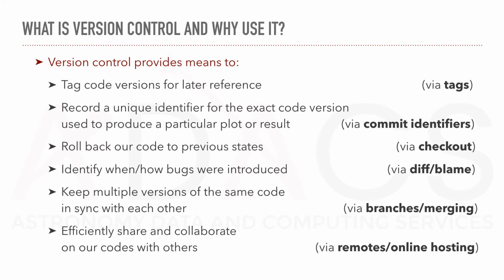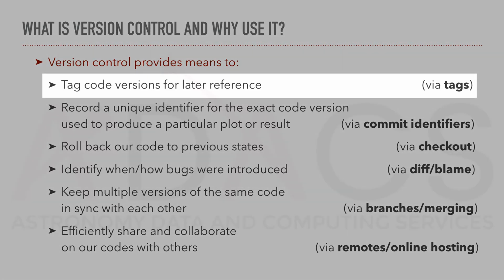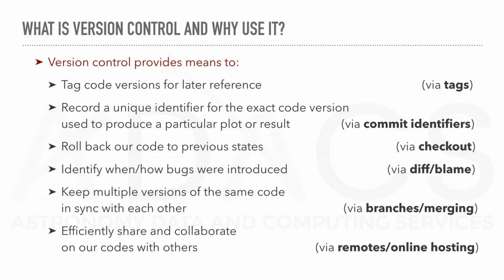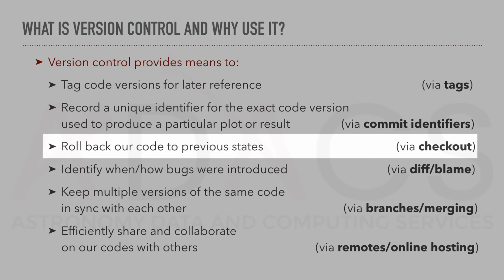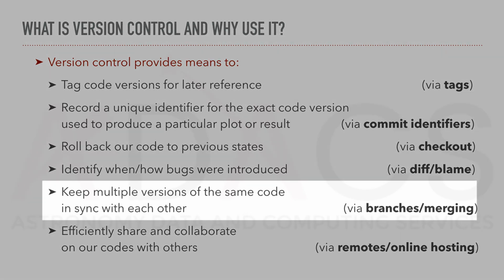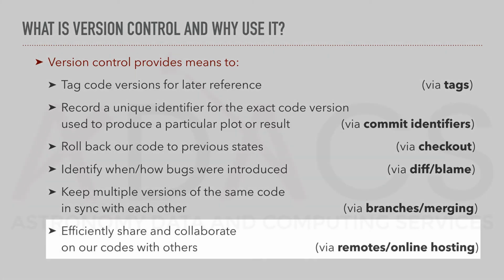Version control provides means to tag code versions for later reference via tags, record a unique identifier for the exact code version used to produce a particular plot or result via commit identifiers, roll back our code to previous states via checkout, identify when or how a bug was introduced via the diff or blame functions, keep multiple versions of the same code in sync with each other via branches and merging, and finally, efficiently share and collaborate on our code with others via remotes and online hosting.